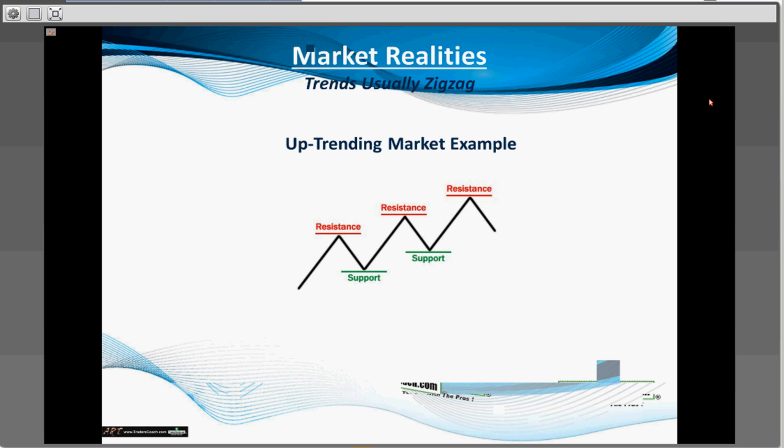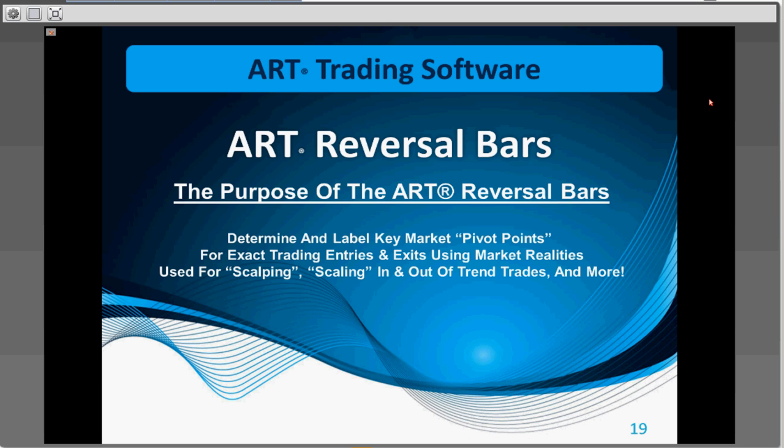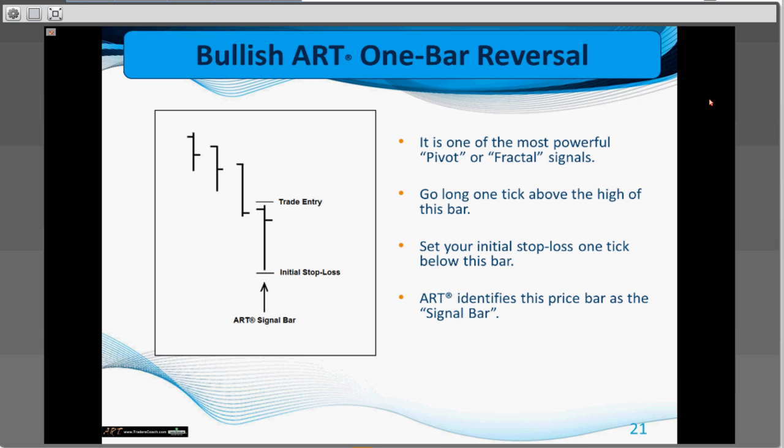Now, the second study is called the ART reversal bars. What we're looking at here is 2 types. Basically what they're doing is identifying key pivot points in the market. Hammers, dojis, and things like that for candlestick traders, very similar. For a signal bar to be produced, we need to have a close above the 50% mark.